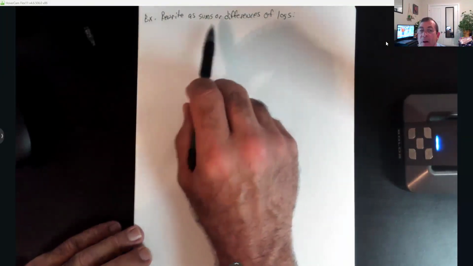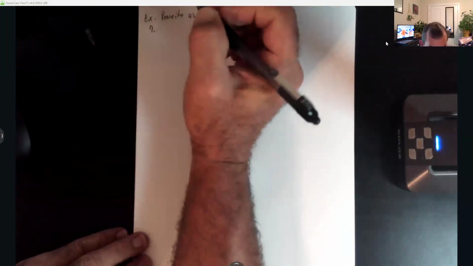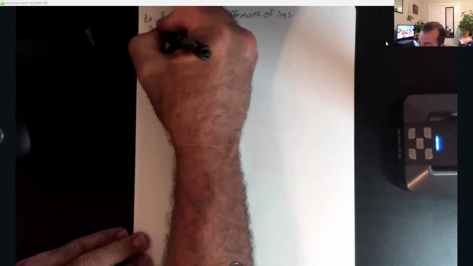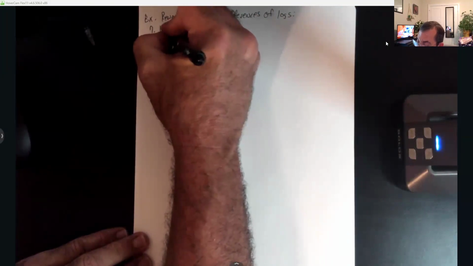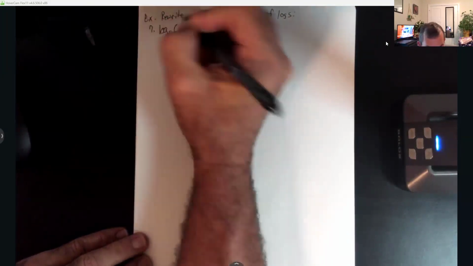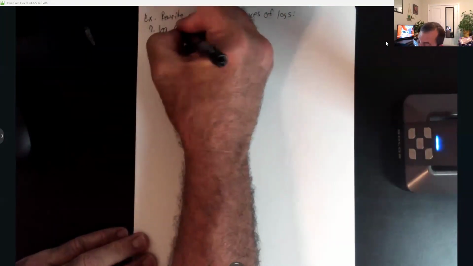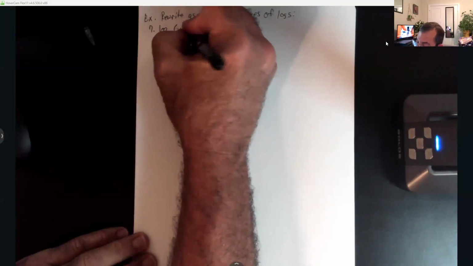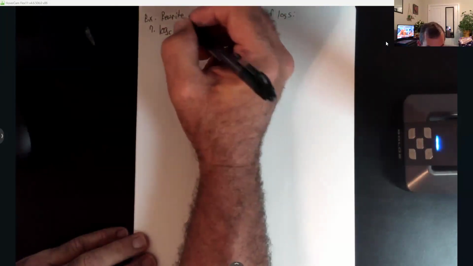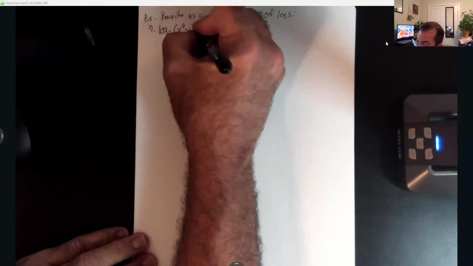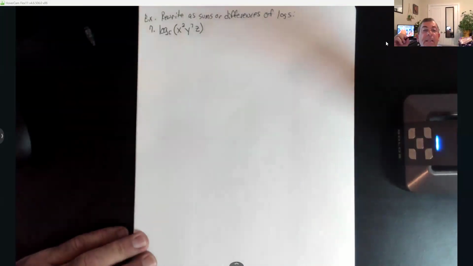Or I might have a little bit of both. So let's see. For number 7, they're giving us log base C of parentheses x squared y to the 7th and z.